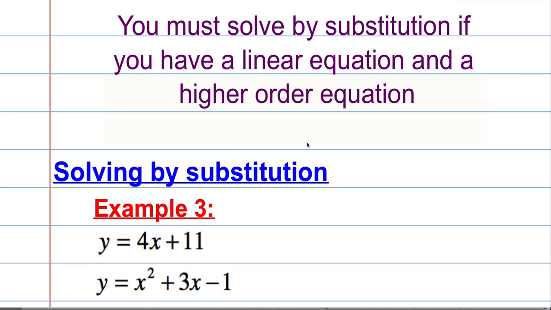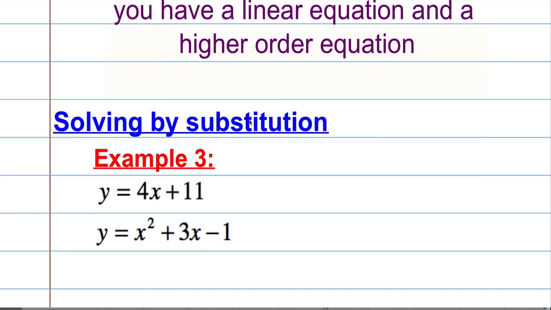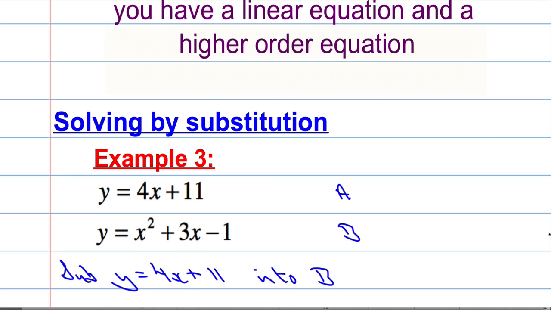So we need to use the method of substitution here. So I know that y equals 4x plus 11. So let's actually label them again. That's equation A and that's equation B. And I'm going to sub y equal to 4x plus 11 into B. Let me just draw a line underneath this here.